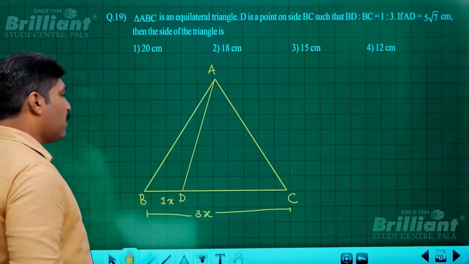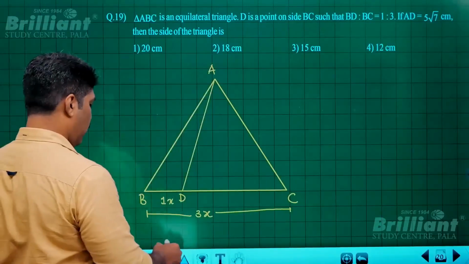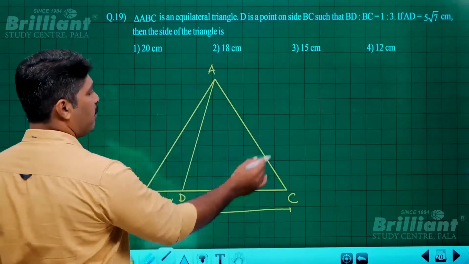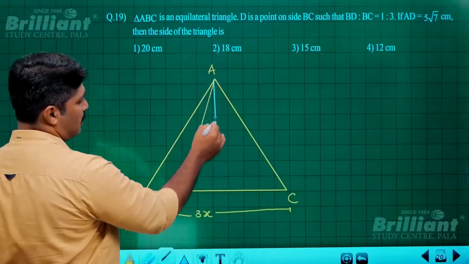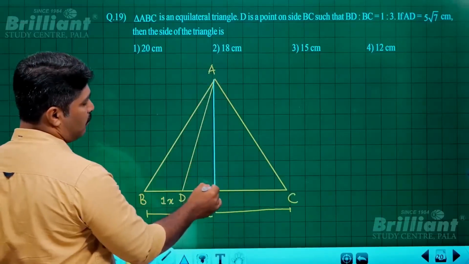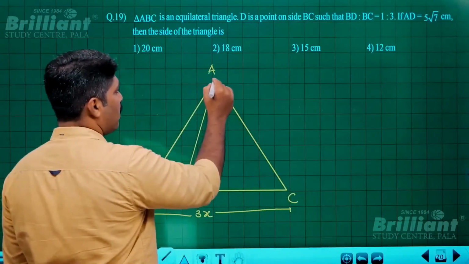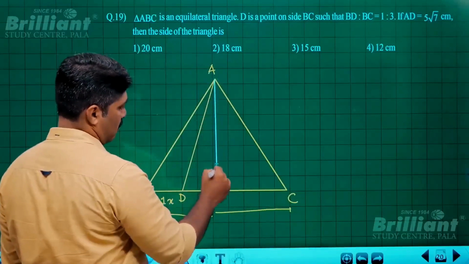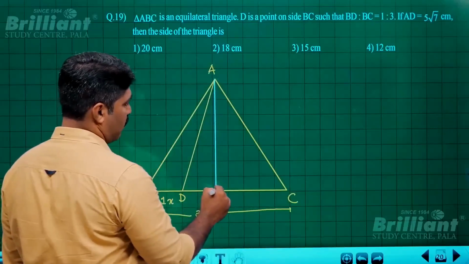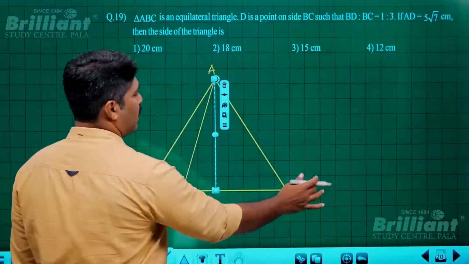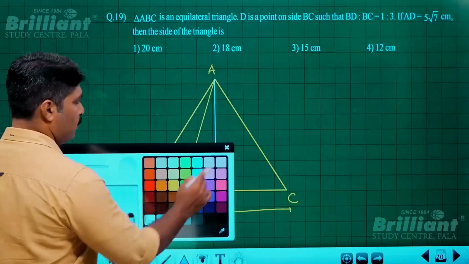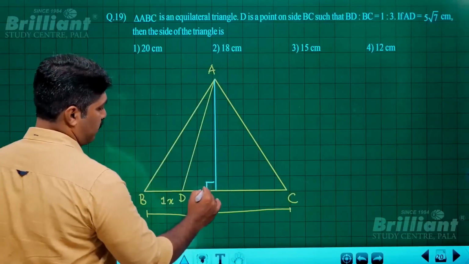Therefore, if you are drawing a median here, what will happen? Median in the sense, this is to its midpoint, you just draw a median here. So this is a midpoint. Therefore, this median forms a right angle here.